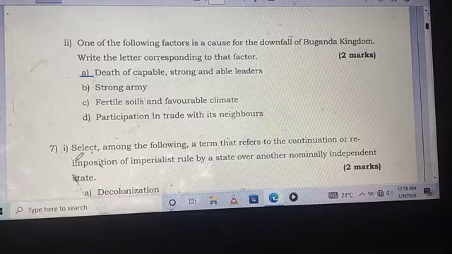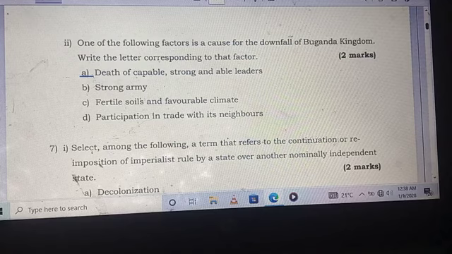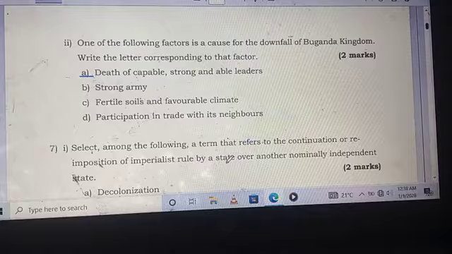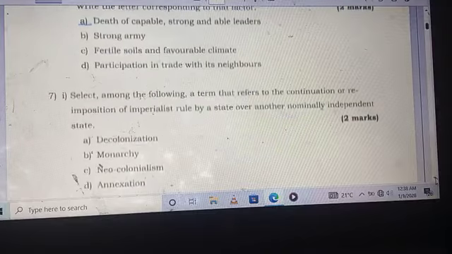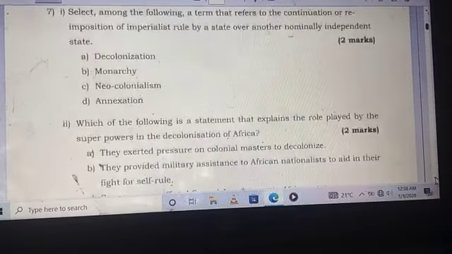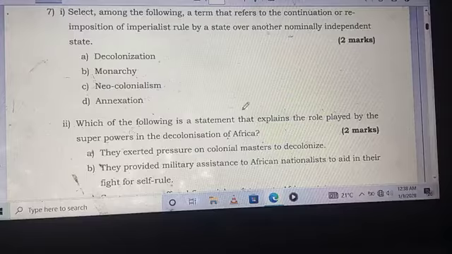Question number 7I. Select among the following terms the one that refers to the continuation or reimposition of imperialist rule by a state over another normally independent state. We have 4 options.